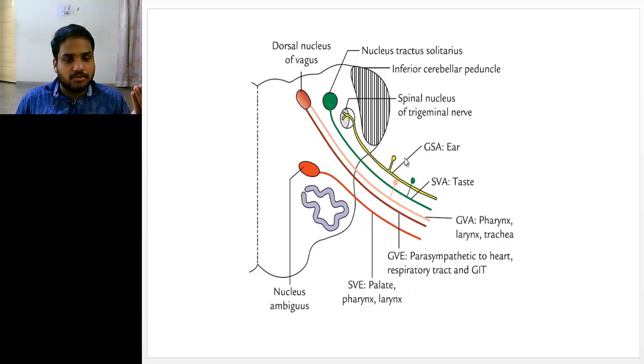And if the patient is trying to take solid food, he will vomit, right? And hoarseness of voice would be there. Why? Larynx is being supplied, right? So hoarseness of voice, dysphagia, dysarthria, nasal regurgitation of fluids, all these are due to the lesions of the glossopharyngeal and vagus nerve, right?